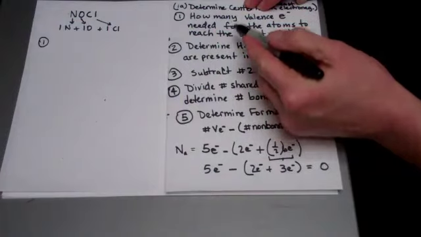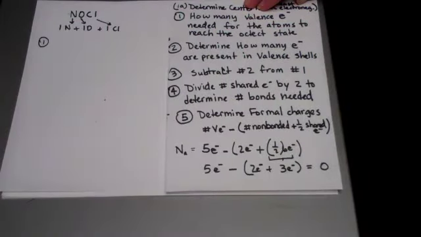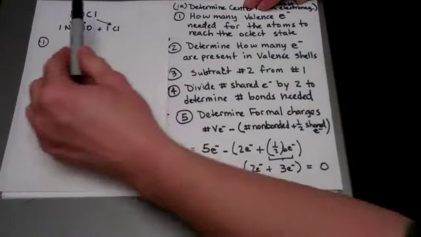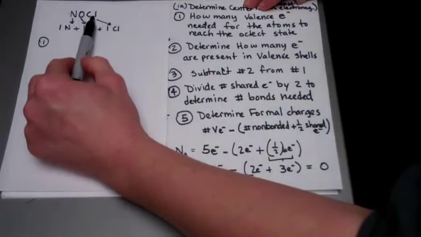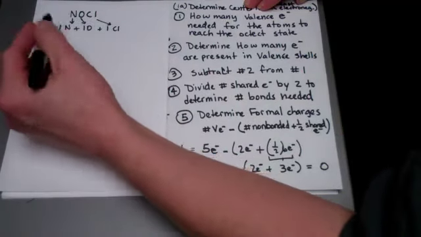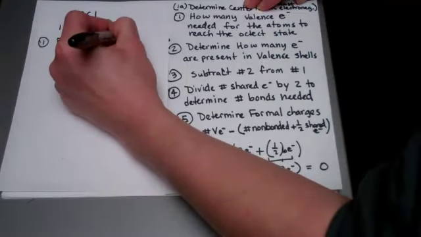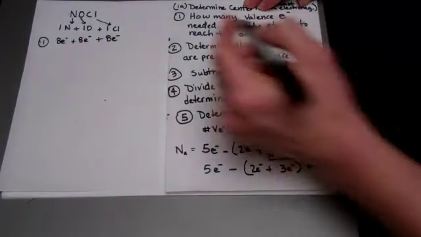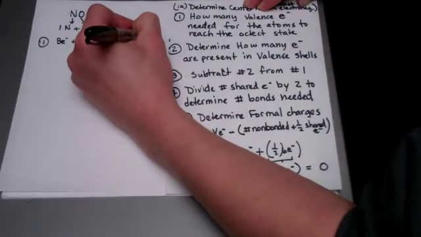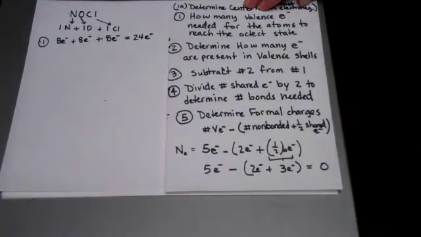How many valence electrons are needed for these atoms to reach their octet state? Each one of these guys wants to reach a total of 8. So we have 8 plus 8 plus 8 for each of the atoms involved in this molecule, or we should have a total of 24 electrons that are required to make these guys happy.